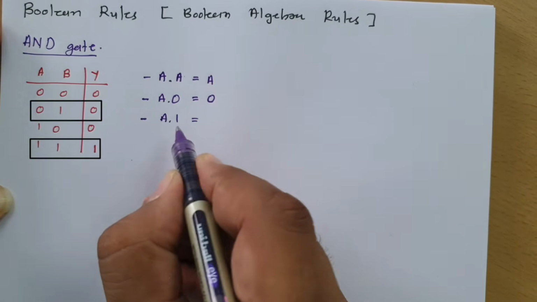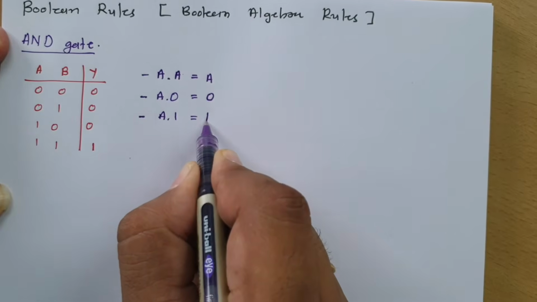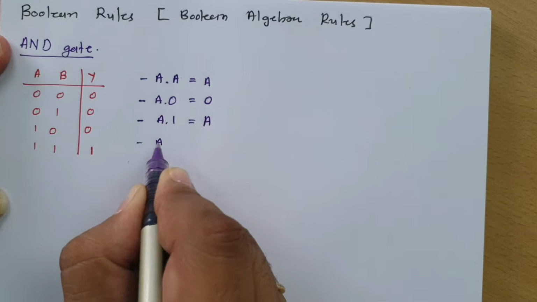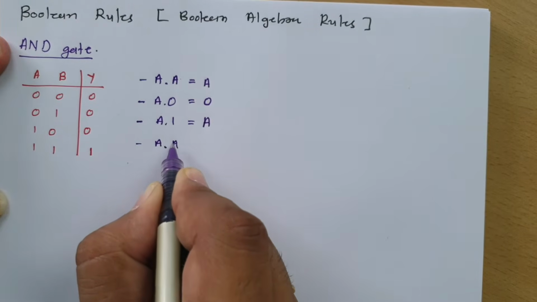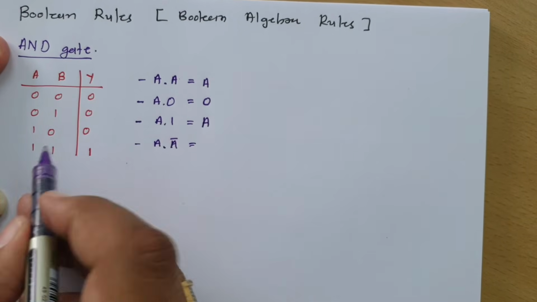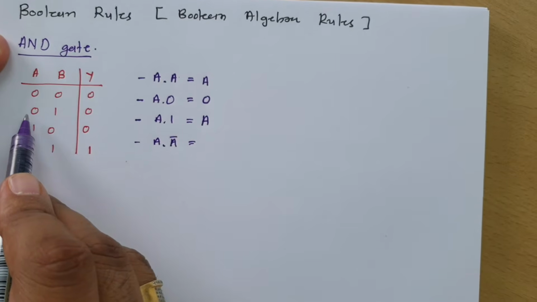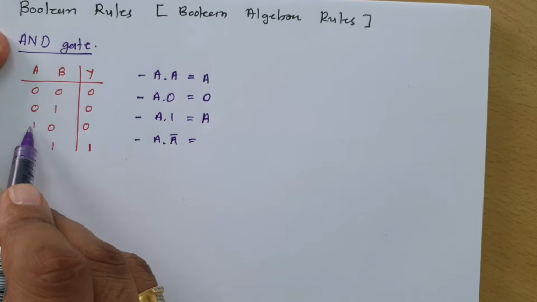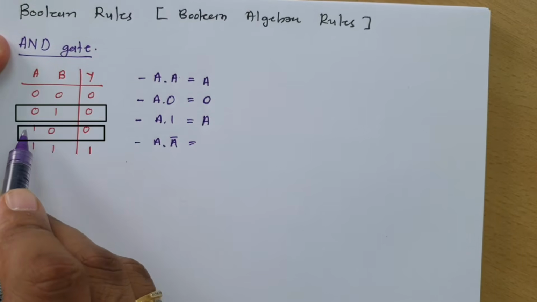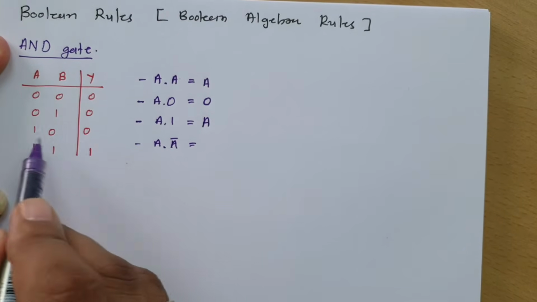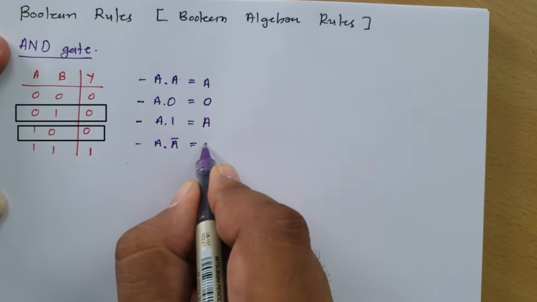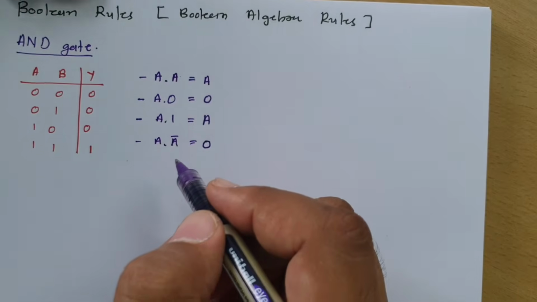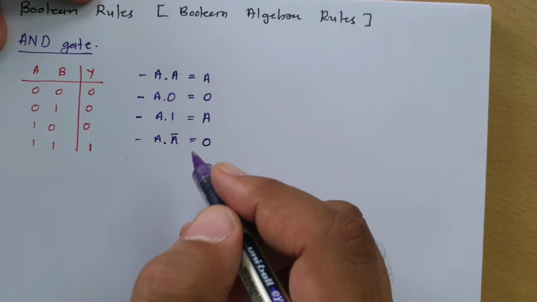So A dot 1 is A. And if you do A dot A bar, if A is 0, then A bar is 1, so 0 dot 1 is 0, and if A is 1, A bar is 0, so 1 dot 0 is 0. So A dot A bar is 0. These are the AND gate rules within Boolean algebra.